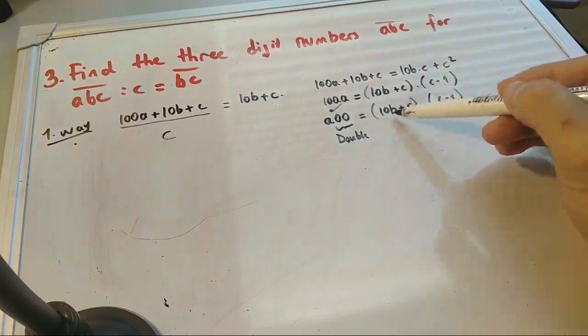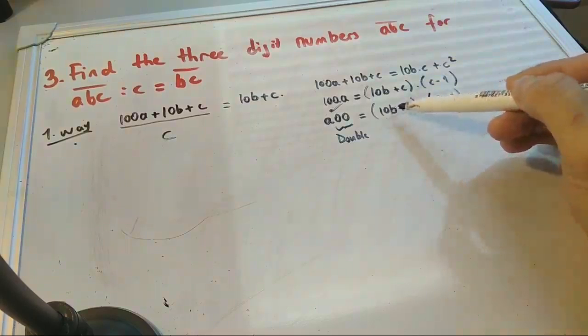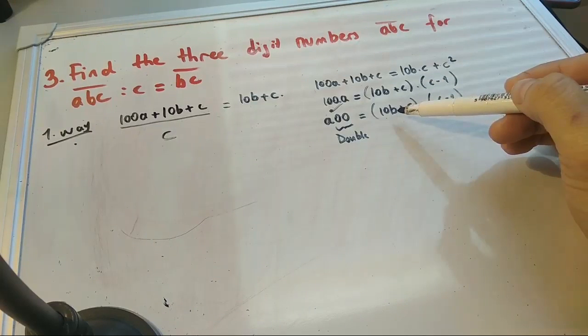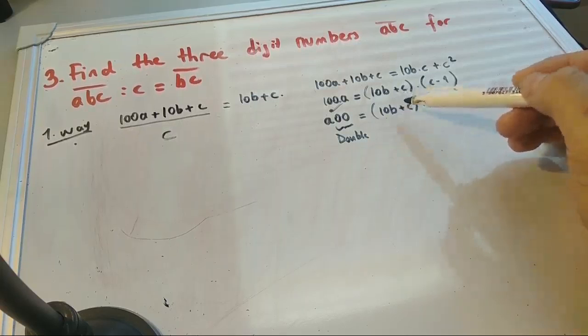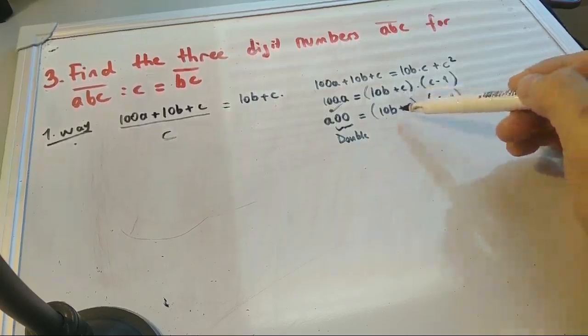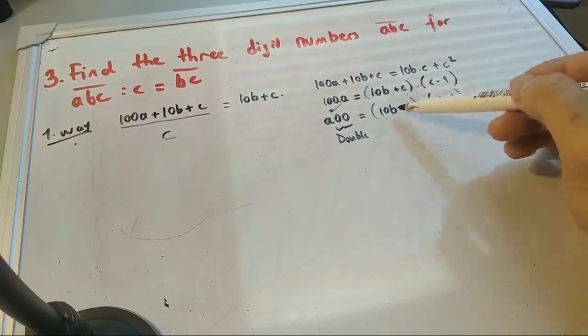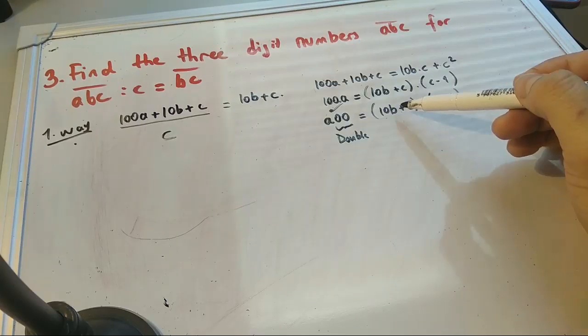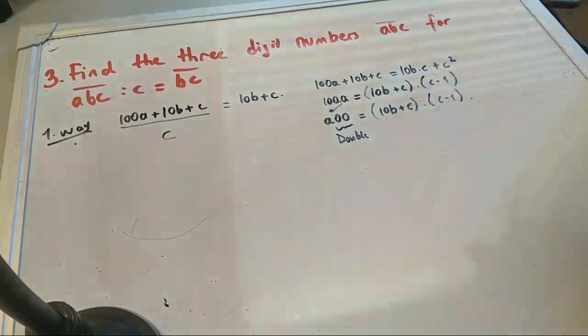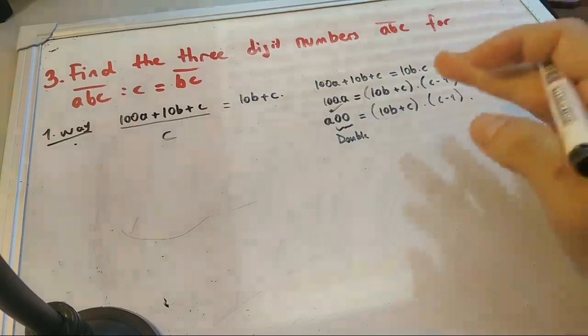For B is 5, 10 times 5, 50. Look at the last digit, 0. For B is 8, 10 times 8, 80. For B is 15, 10 times 15, 150. Can B be 15?